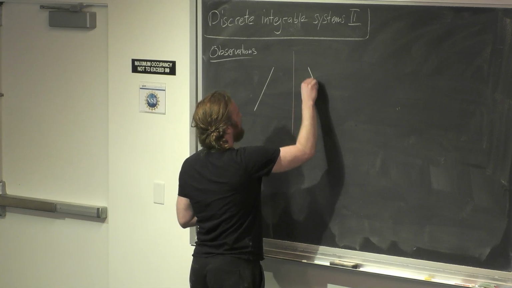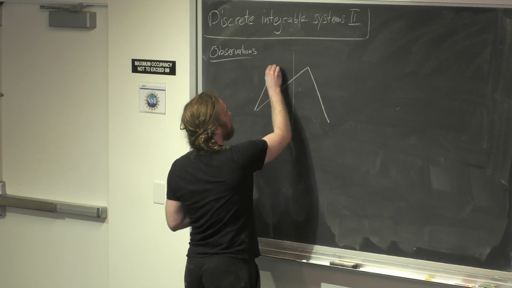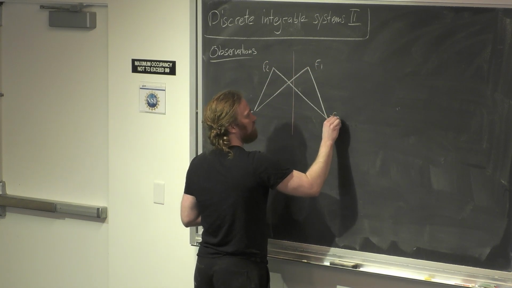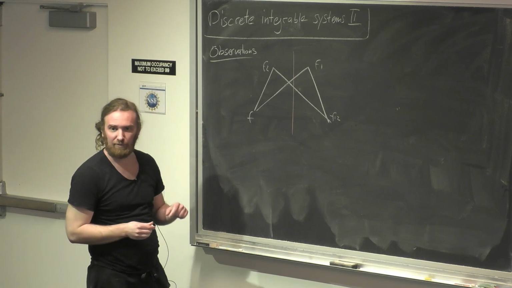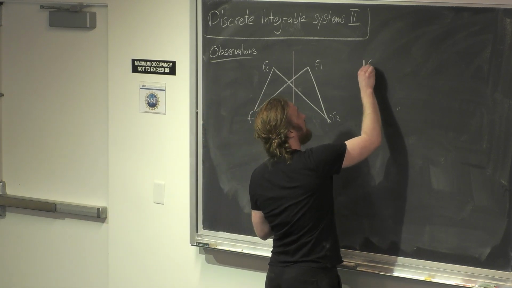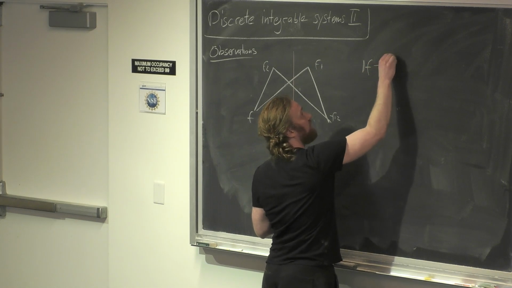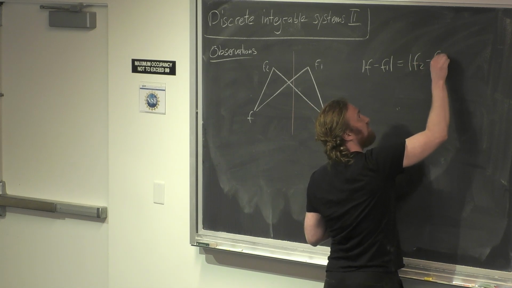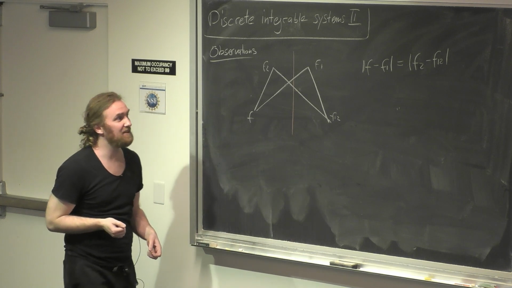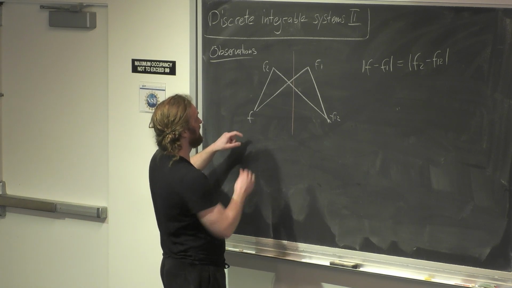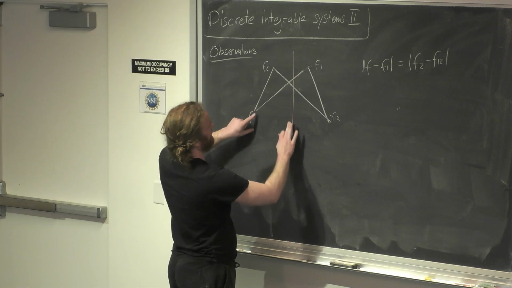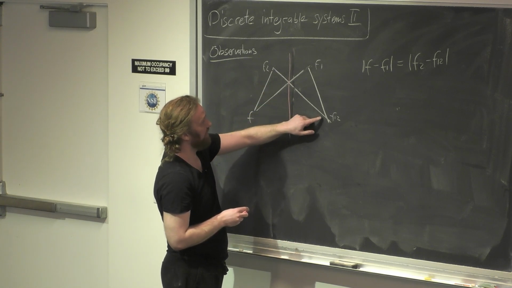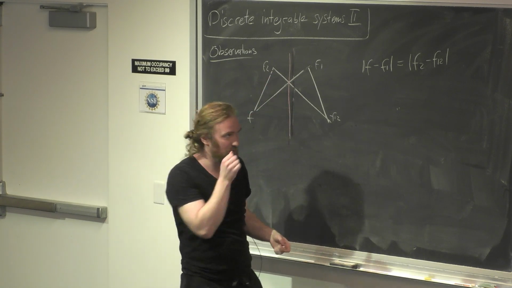I look at one of these butterflies. One thing we observe is that the length f to f1 is the same as f2 to f1, just because it's this edge that is reflected about this line, and this gives the other edge, and therefore it has the same length because reflections preserve length.